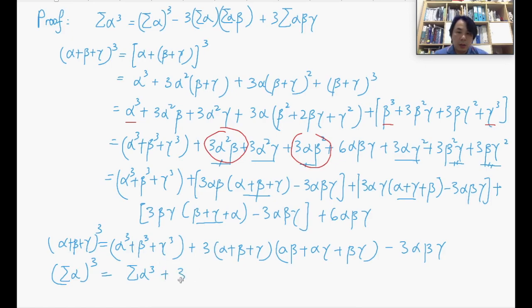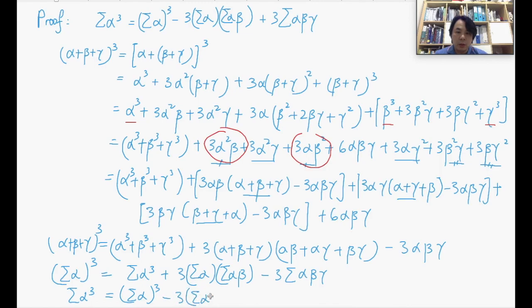And then the same goes for this one. Then the same goes for this one. And then finally this is the one. All right. And then by rearranging, we managed to prove that this is the same as this by moving the rest of the terms over to the other side.